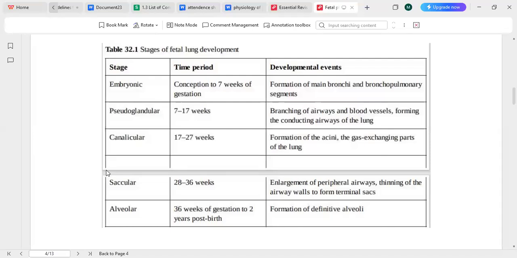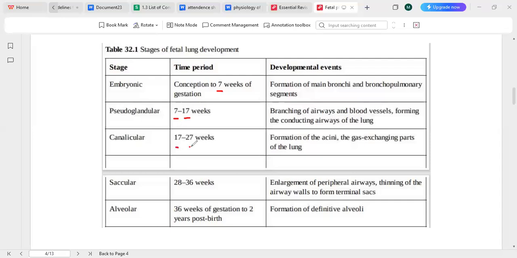Guys, this table was considered not so important in past years, but a year back, we had two questions from this table in fetal physiology. So I have given this table from the Essential Revision Guide. It is very easy to memorize by just keeping the number 7 in mind.